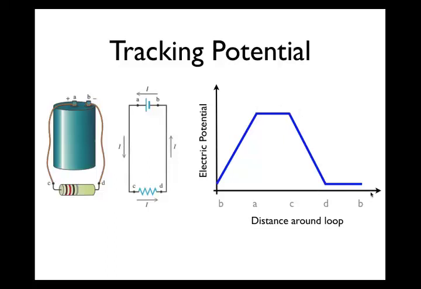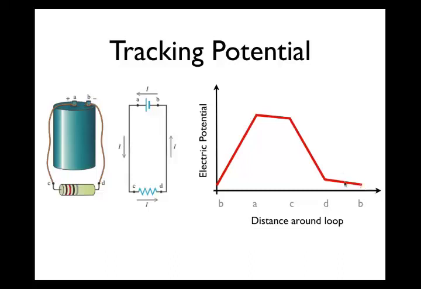If you think about a real circuit where there is actual resistance in those wires, it does modify the sketch a little bit, and so here I've drawn it in red instead. I still get an increase in electric potential as the charge moves through the battery, but there would be a slight decrease in electric potential as the charge moves through the wire, a much greater decrease in electric potential as the charge moves through the resistor, and then a small drop in electric potential as the charge moves through the conducting wire on the other side.